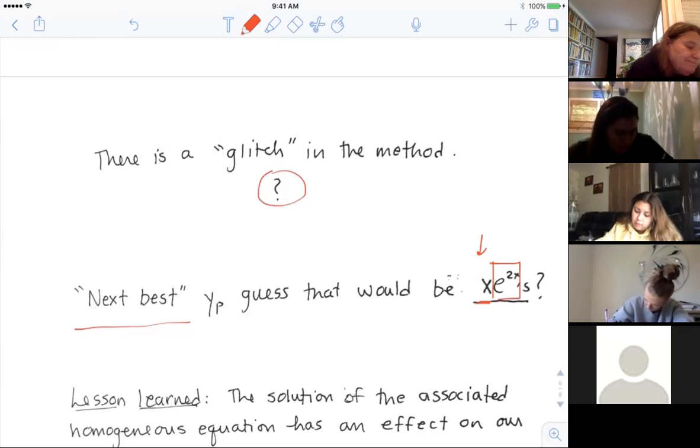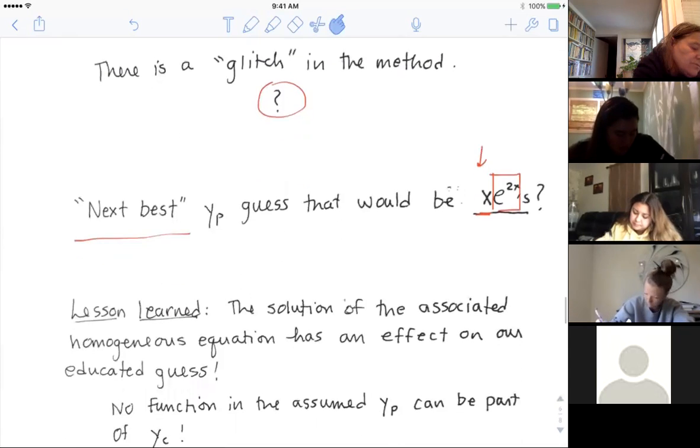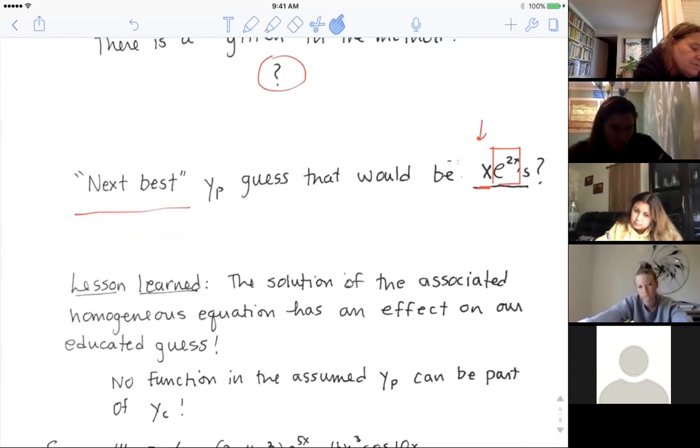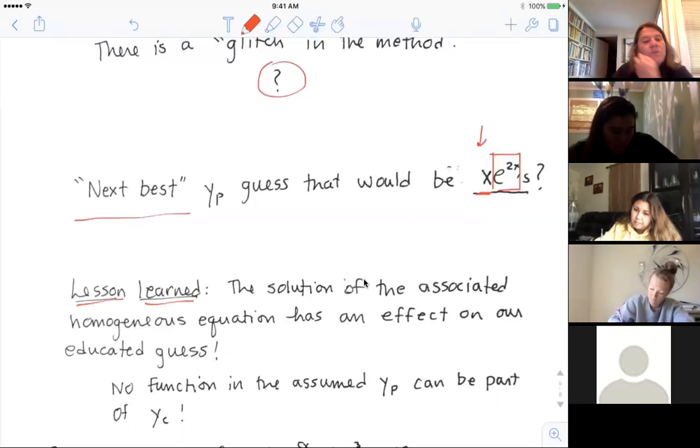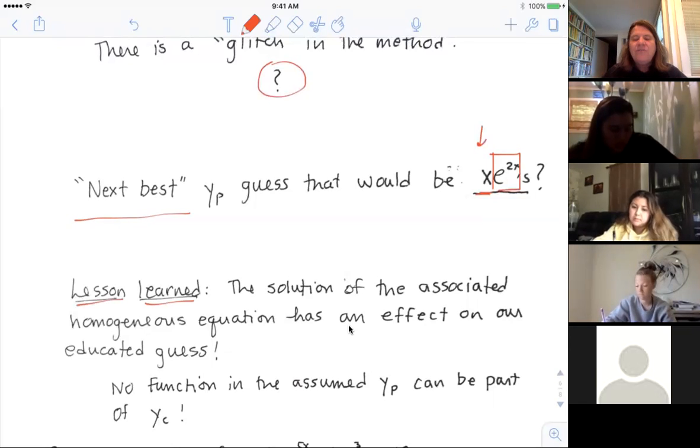Now, here's my lesson learned. The solution of the associated homogeneous equation has an effect on our educated guess. That's why you have to do it first. You may have to change your guess. If your original guess, I'm going to start calling it the initial guess, has anything in it that is already in the complementary solution.